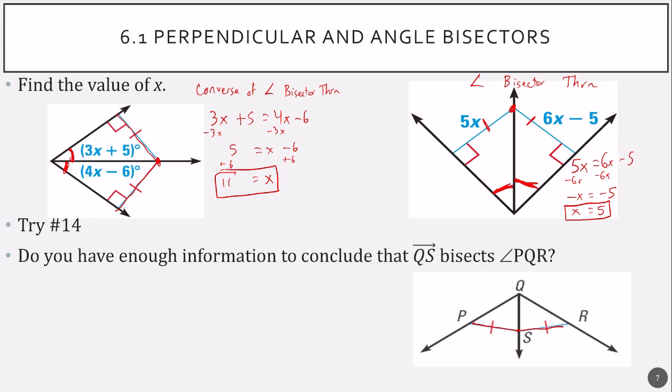You measure distance perpendicular. Are these two segments perpendicular to the sides of the angle? No. So the answer is no. The distances are not perpendicular. Pause this and try number 10.